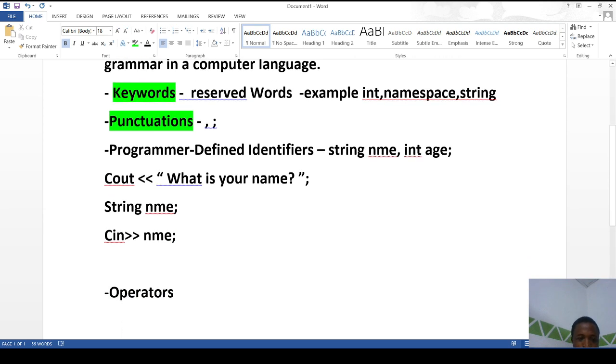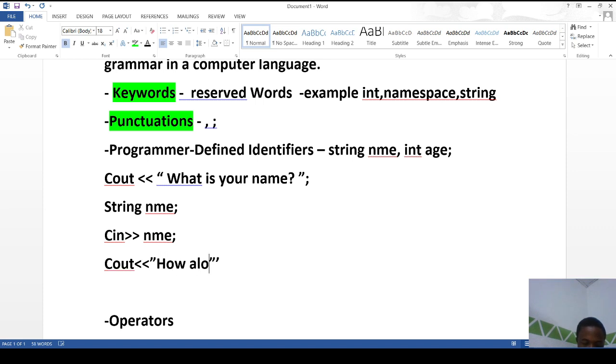The same thing will apply when we talk about the age. That one too, you need to ask the person this simple question: how old are you?